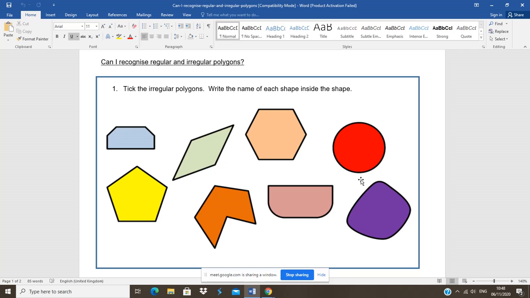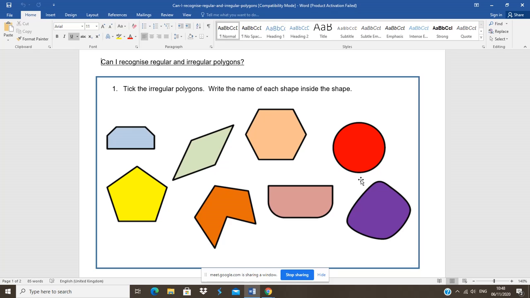So a circle is neither a regular nor an irregular polygon. A circle is not a polygon at all. A circle is what we call a circle. It does not fall under polygons. A polygon is a shape bounded together with straight lines.